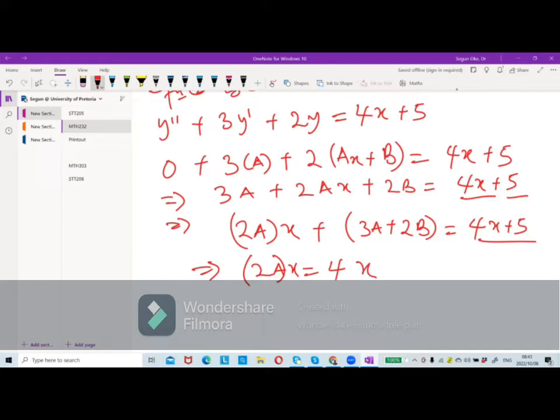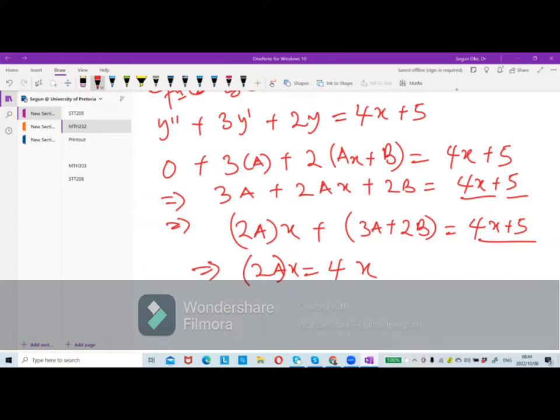That's why the topic is called the method of undetermined coefficients. So we are trying to match them. Anyone that contains x, let it equal the one that contains x. Anyone that contains x squared, let it equal the one that contains x squared. Anyone that contains a constant, let it equal the constant. That's what we are doing.